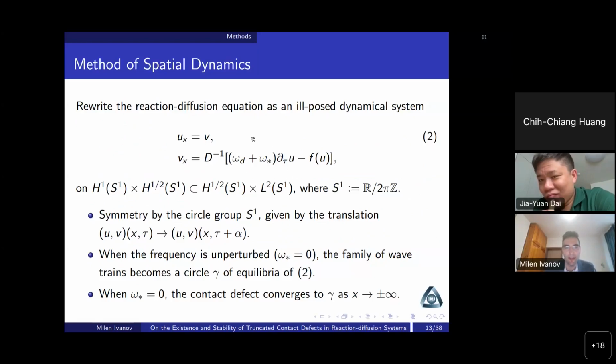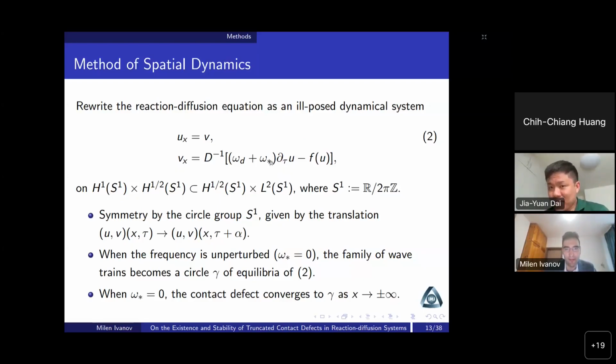The right hand side is actually densely defined on the unit circle on H1 times H1 half, which is a subset of H1 half times L2. All of these Sobolev spaces are on the unit circle. Here we are very much using the fact that everything is 2 pi periodic, so we can actually stay on the unit circle. Everything is on S1.